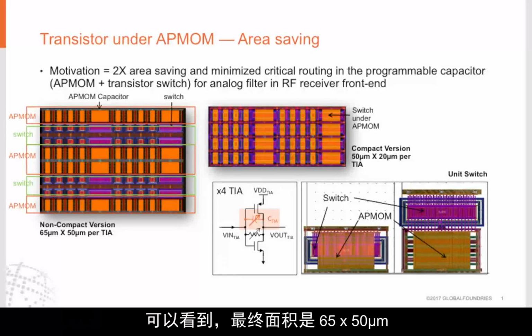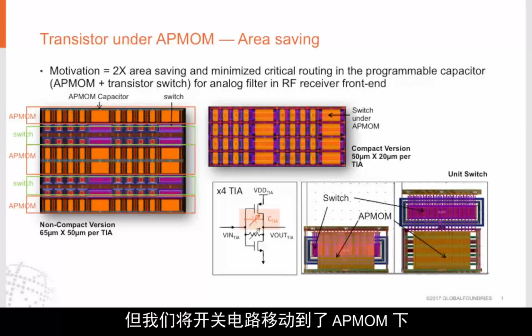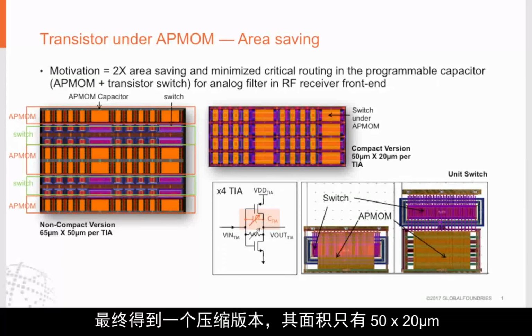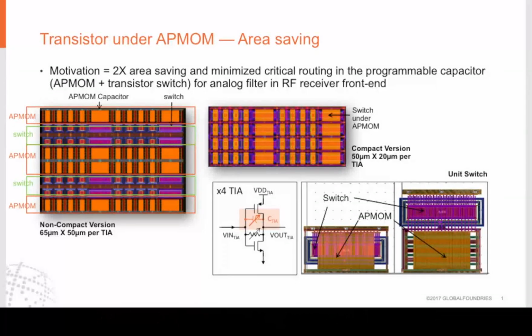You can see the end result area is 65 by 50 microns and is spaced AP-MOM, switch, AP-MOM, switch, AP-MOM. The case on the right is the same circuitry, but we've moved the switch circuitry under the AP-MOM, and the end result is a compacted version that is only 50 by 20 microns.